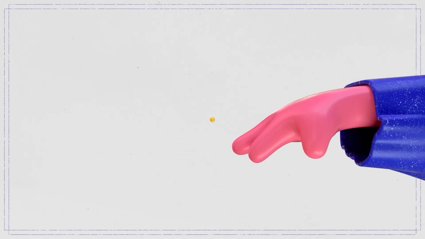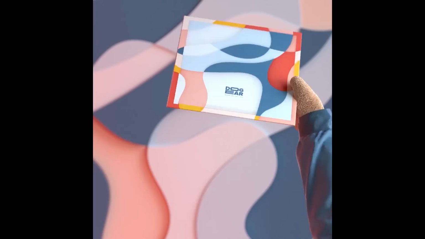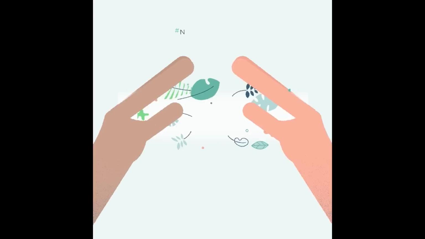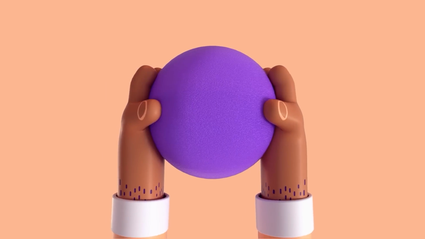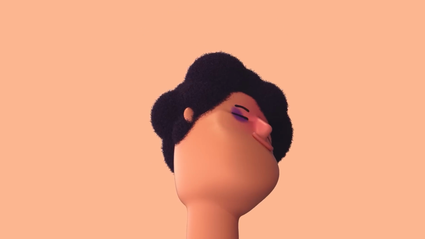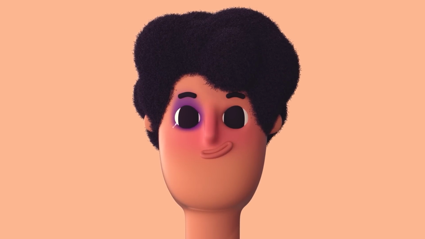We obviously like using hands in our work a lot. So today we're going to show you how we model, rig, and use stop motion or cell animation techniques in Cinema 4D to create these hands.